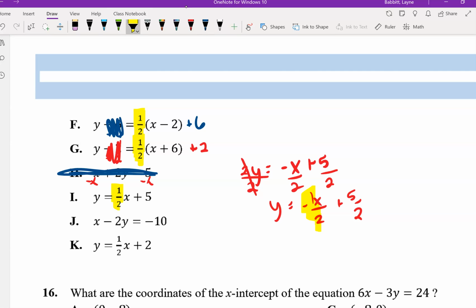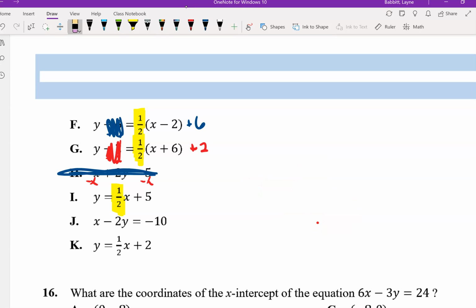So I know that that is not one of my answer options. I does contain 1/2 as a slope. And in a minute I'll check to see if it also contains the point that we want. J, same thing as on H. I need to do some solving for y to get it into y equals mx plus b. So I'm going to subtract x from both sides. I'll be left with negative 2y equals negative x minus 10. Divide everything by negative 2.